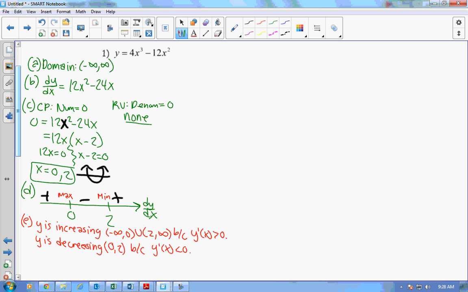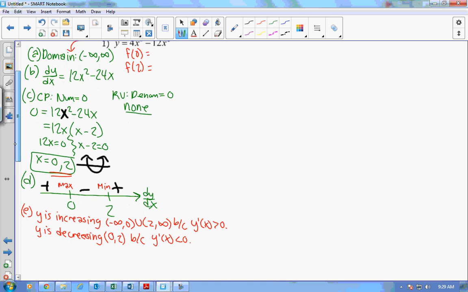Is there going to be an absolute min or max, knowing that this is a cubic function that goes like this? Is there going to be an absolute? No, it goes up and down forever. Okay, so we do need to plug in these two values. You need to plug in f of 0 and f of 2 for when you're answering if it's relative min and max.